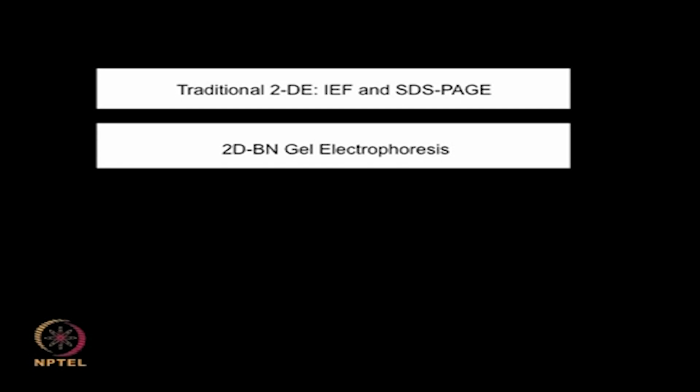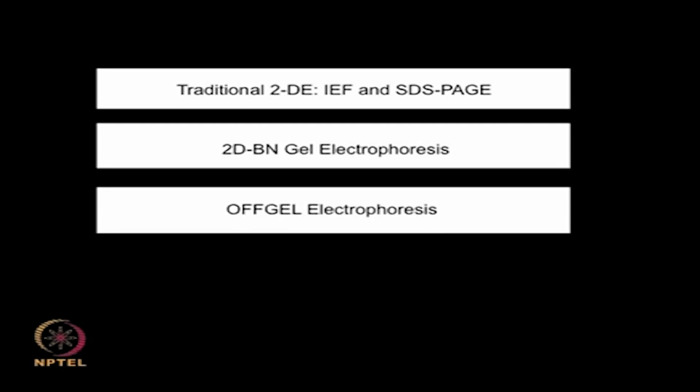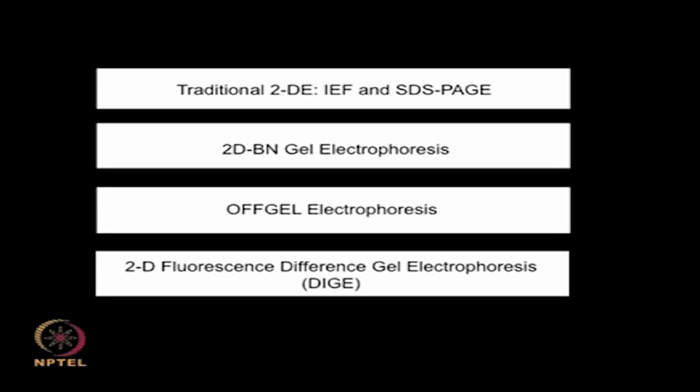Two-dimensional blue native PAGE electrophoresis we also described and discussed in the last lecture. Off-gel electrophoresis, another new technology introduced by Agilent, we will talk about briefly in this lecture. Then 2D fluorescence difference gel electrophoresis, or DIGE, will be covered in the following lecture.